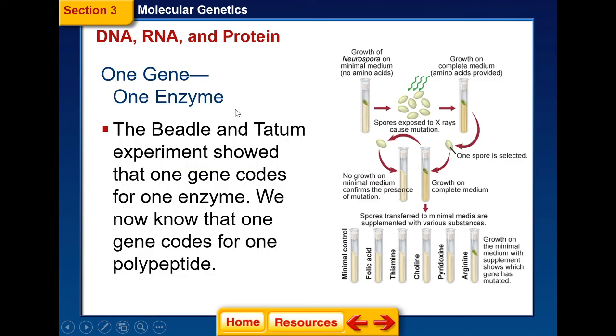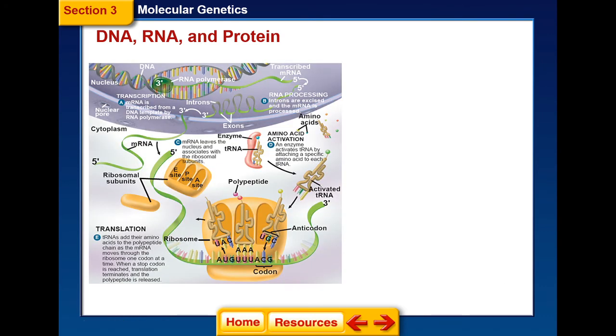The introns are excised, and the mRNA is processed. So anyway, we get to the nuclear pore where the mRNA is then released from the nucleus. Now it's outside the nucleus within the cell.